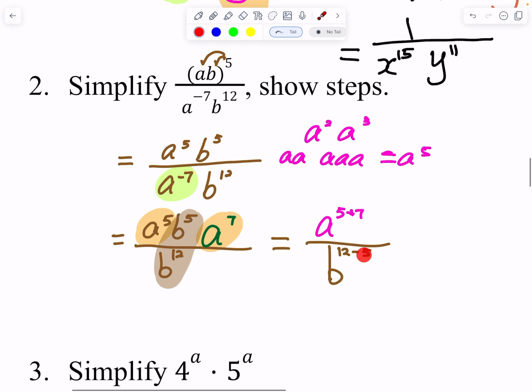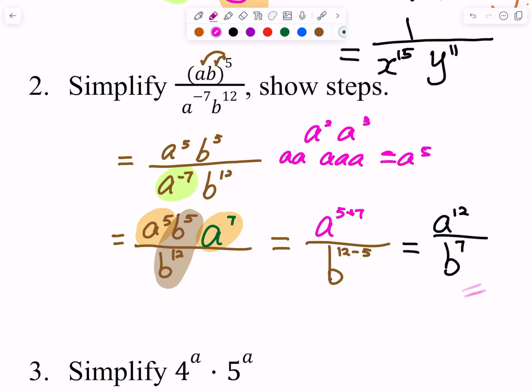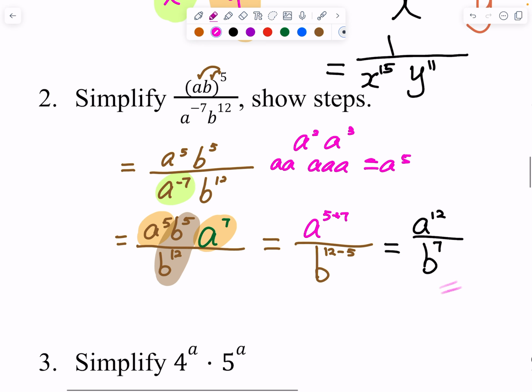We do it this way only if they are on different stages, one numerator, one denominator. And then the last step, calculations. 5 plus 7, 12. 12 minus 5, 7. And if that's the end, you can give the ending signs. Easy.